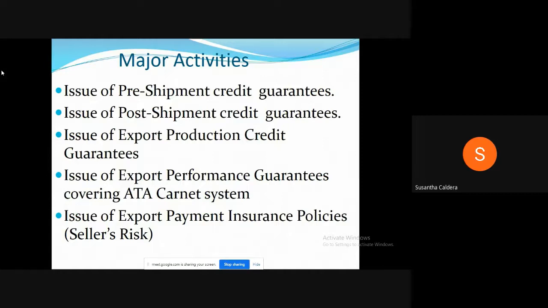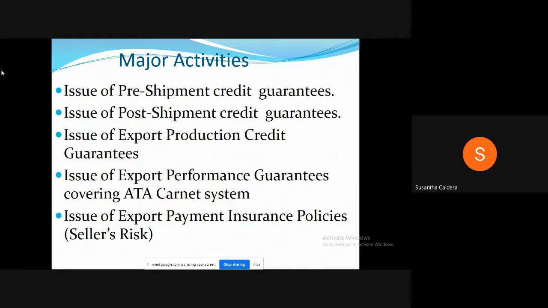I don't think you know about it. I will explain to you the ATA Carnet system, and issue of export payment insurance policies. Right? Issue of export payment insurance policies. Those are the major activities of SLECIC.